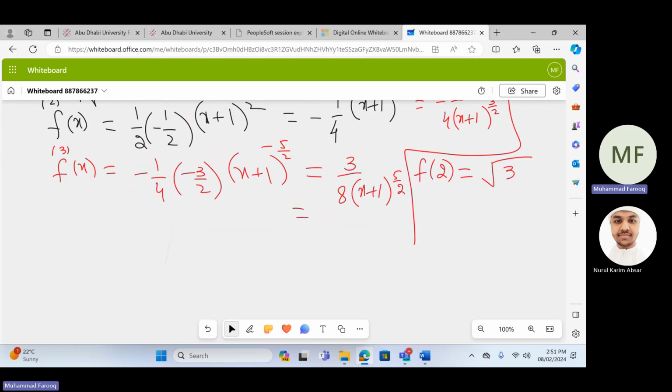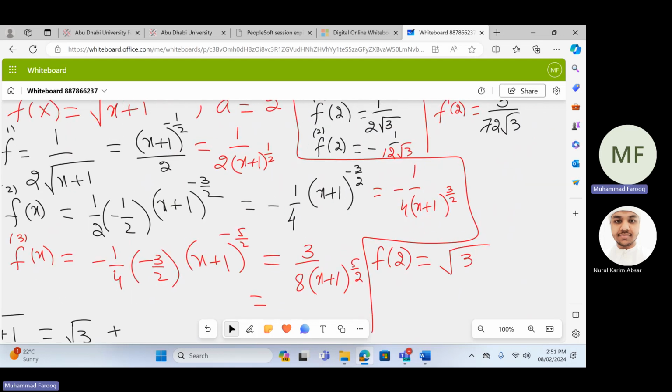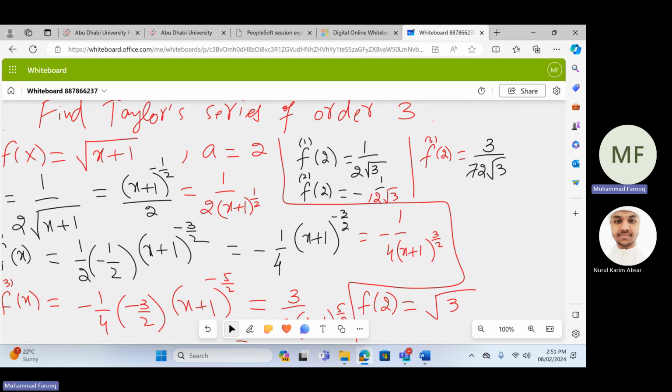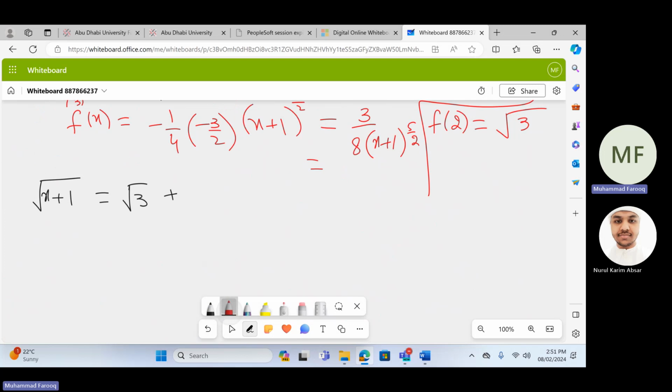Now we got all the values. Now we have to list them in the rule. So f of x was the function square root of x plus 1, equal to f of a, how much? Square root of 3, plus first derivative at a. How much is the first derivative? 1/2 root 3, times x minus a.